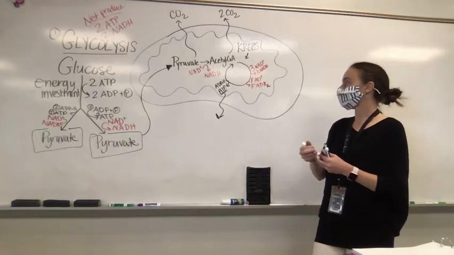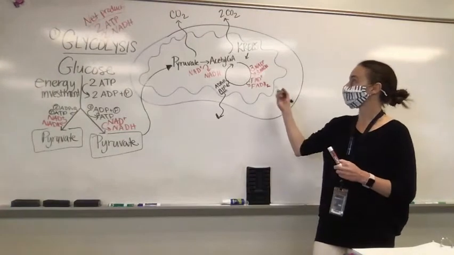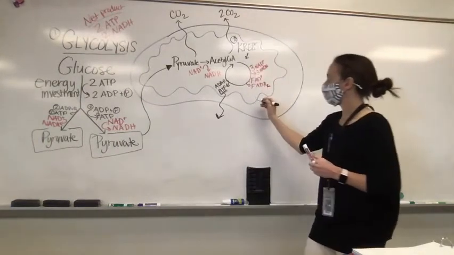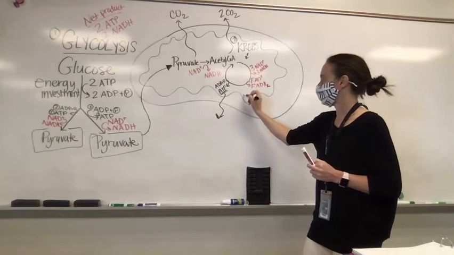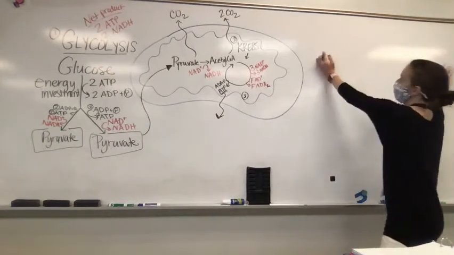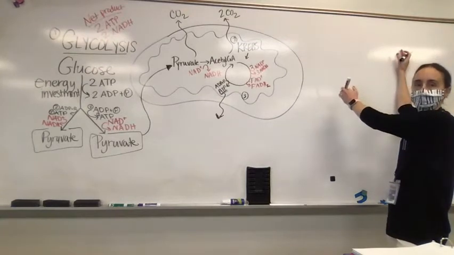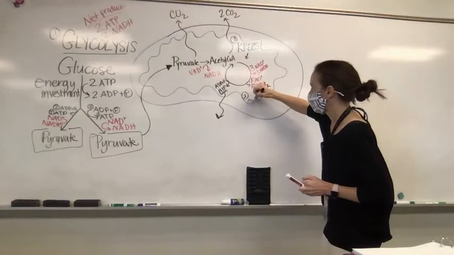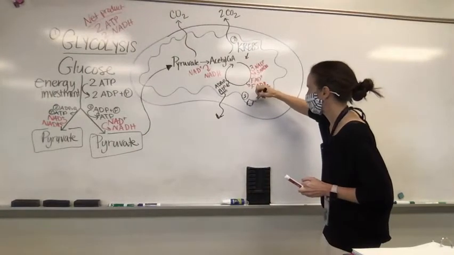All right, so we're going to finish it up with the third step. So I guess this is technically the second step. With the third step, which is going to occur right here, I'm going to draw the little proteins right here, but then I'm going to blow them up over here, so that we can look at them without them being all squished. Basically it is an electron transport chain, exactly like the one in photosynthesis.